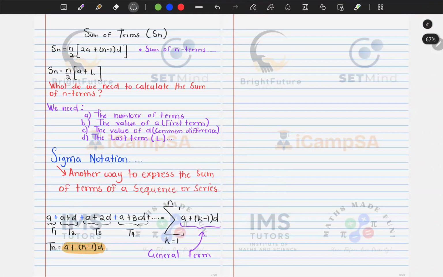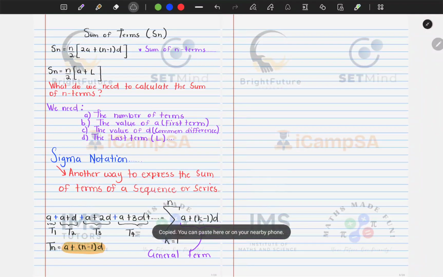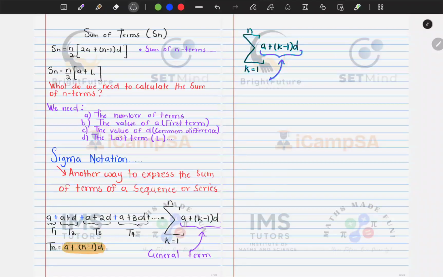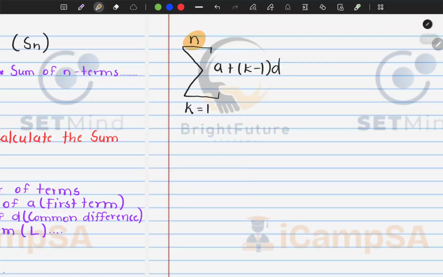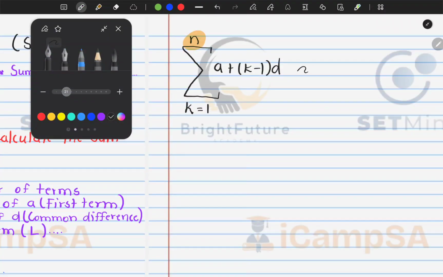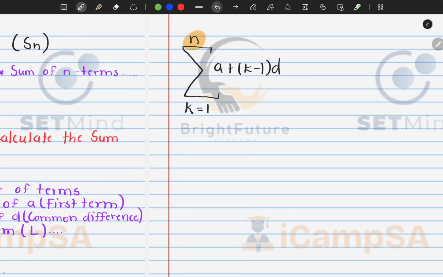And what you need to understand is that the sigma notation is just the same as what we have been dealing with. It is just the sum of n terms. So because we have n here at the top, that means we are summing n terms. So this means we can use the equation that we always use in order for us to evaluate this. You can use n over 2 into 2a plus n minus 1 times d.